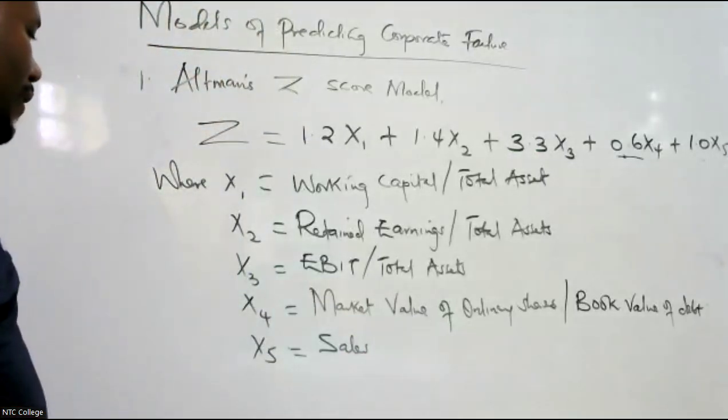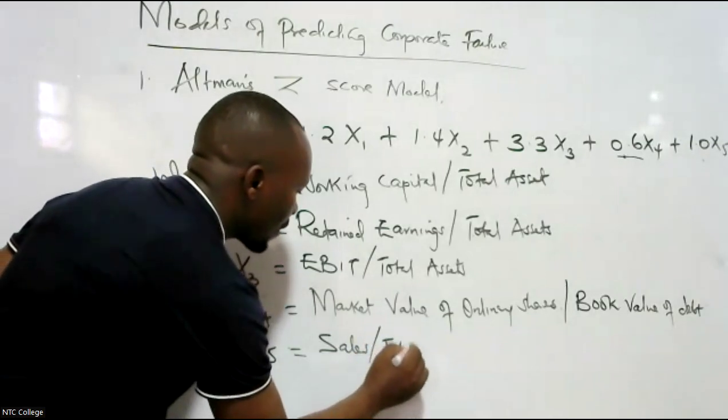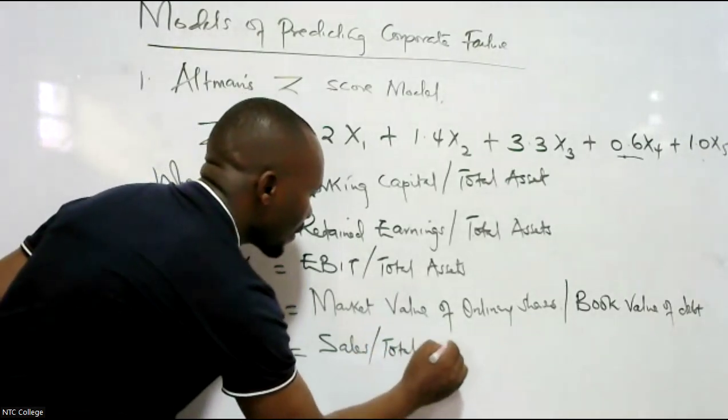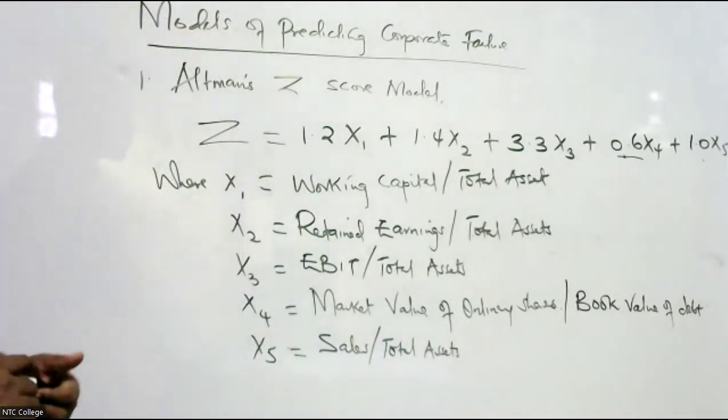And then we have sales all over total asset. Now that is how they look like.